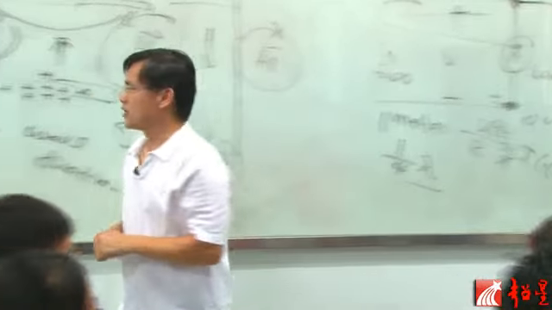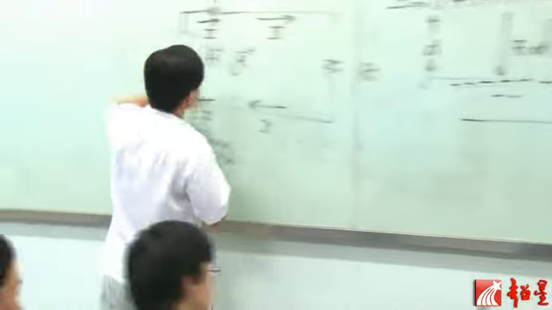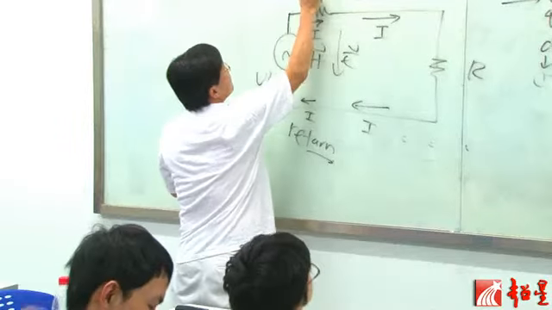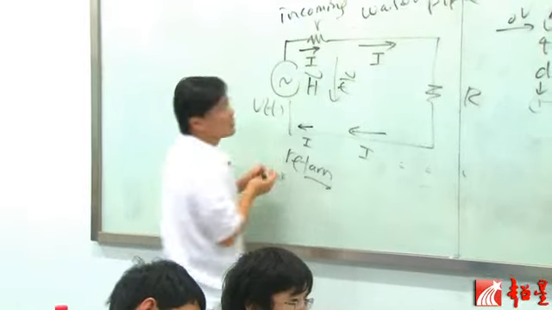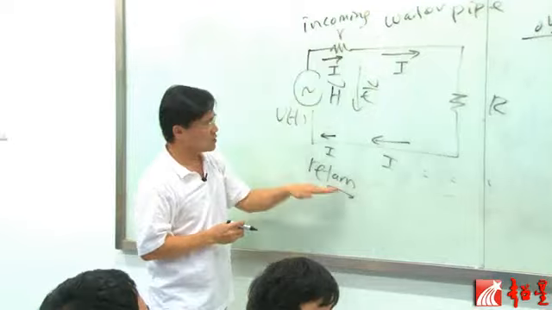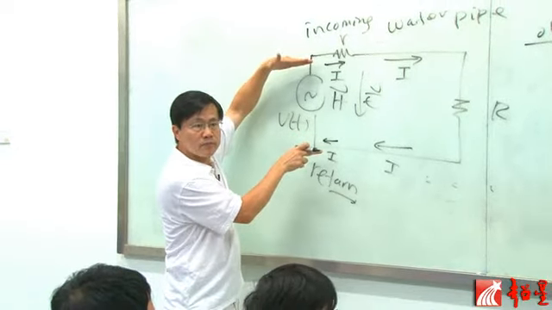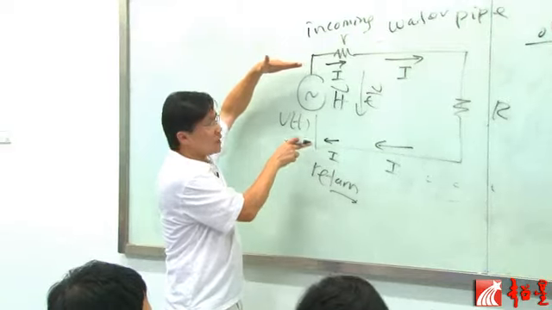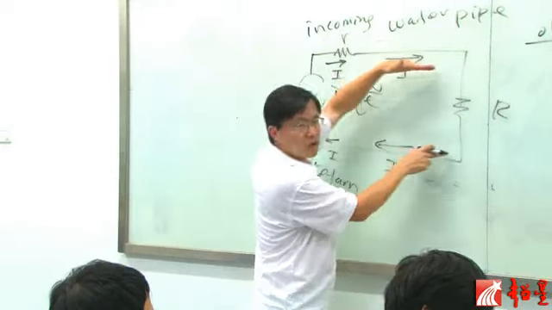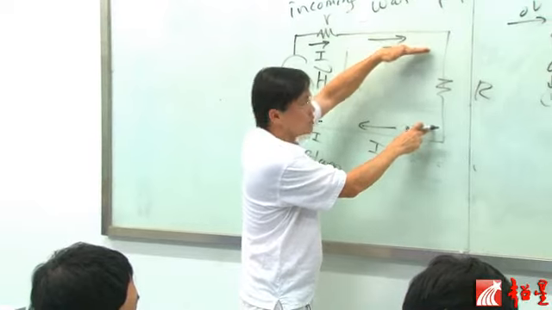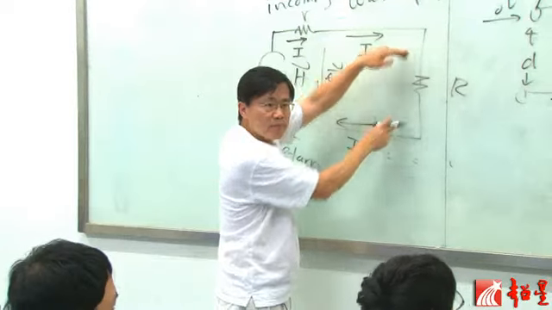Okay. All right. So this is the incoming current. This is the return current. They will be generated exactly at the same time. And then the wave will propagate this way. They will reach the load at the same time.